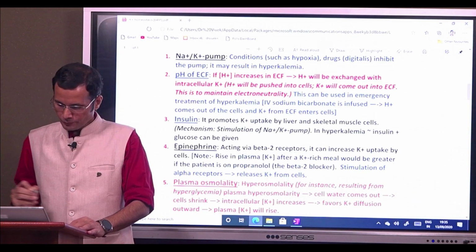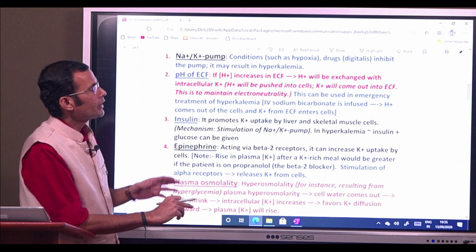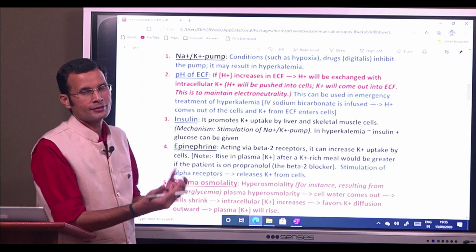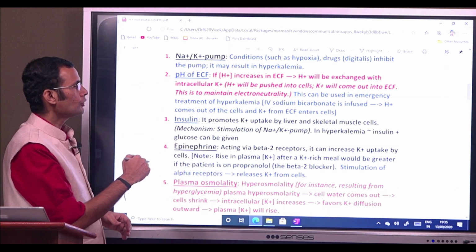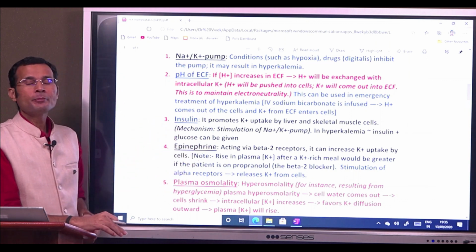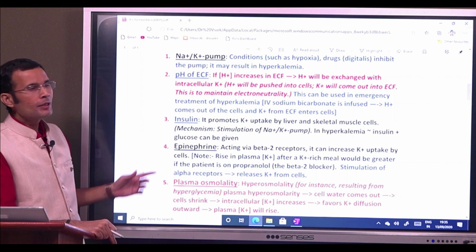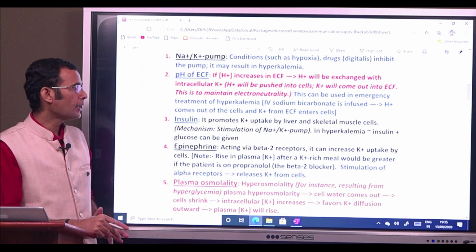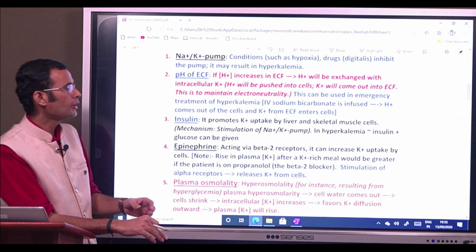Right. So, if the H plus increases in the ECF, H plus will be exchanged with the intracellular potassium. That is, H plus goes in and potassium comes out. Well, this can be used in the emergency treatment of hyperkalemia. Please remember this. How?